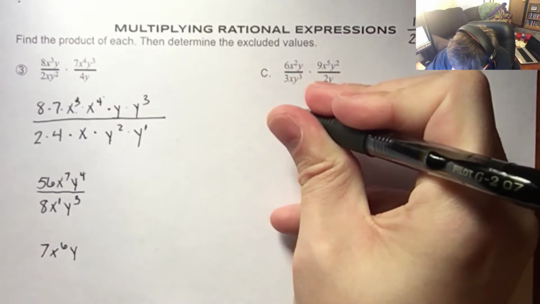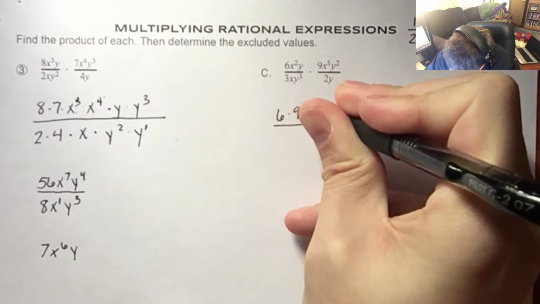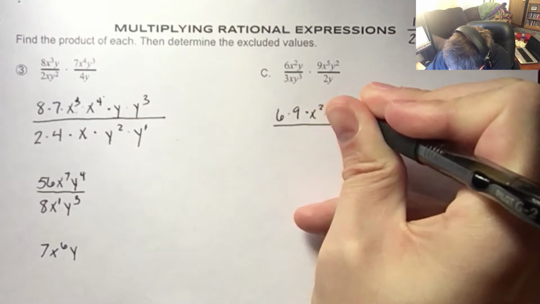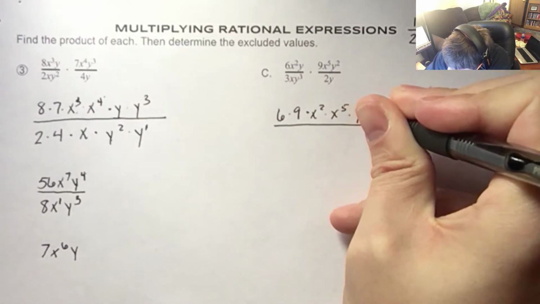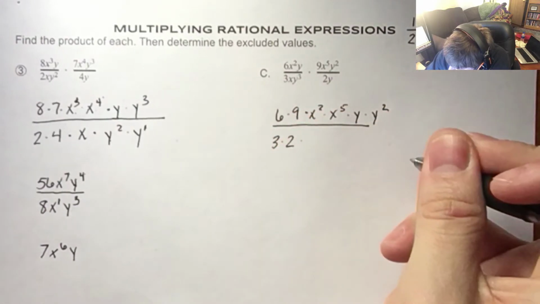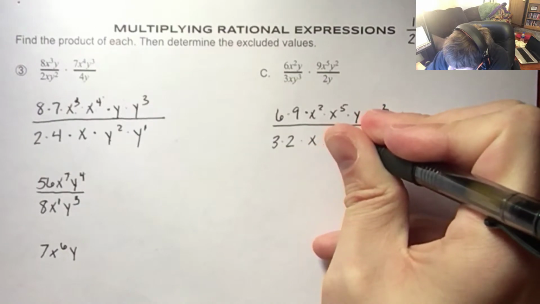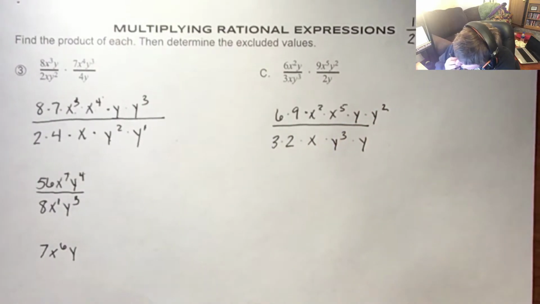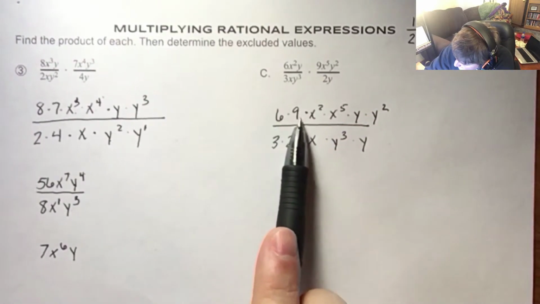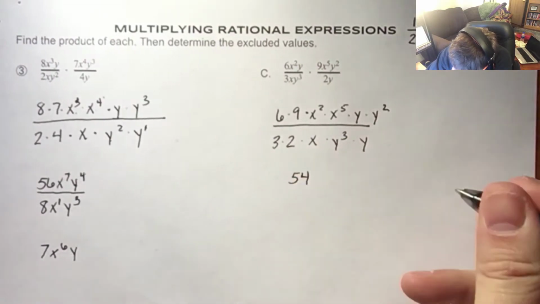Okay, let's go 6 times 9. X squared times x to the 5th, y times y to the 2nd, 3 times 2, just x, and y cubed times y. 6 times 9 is 54.